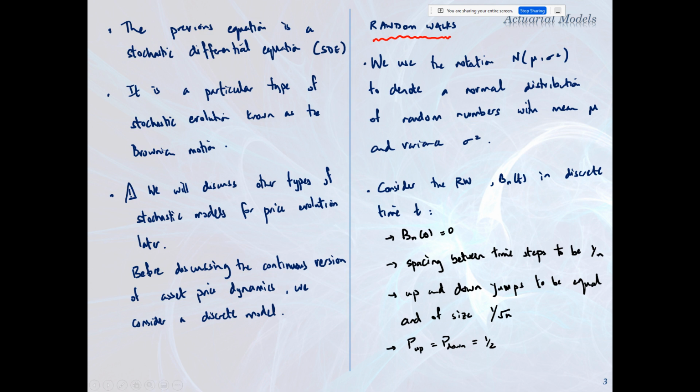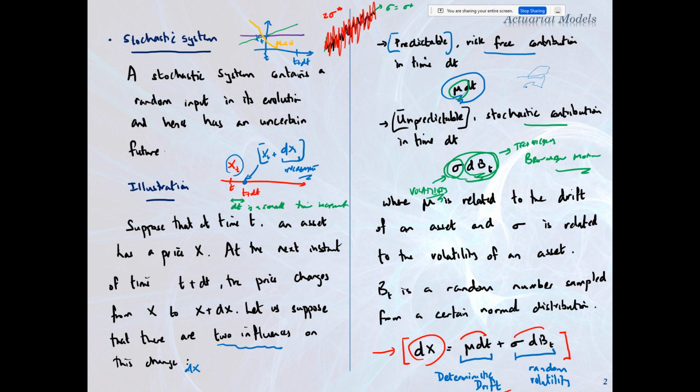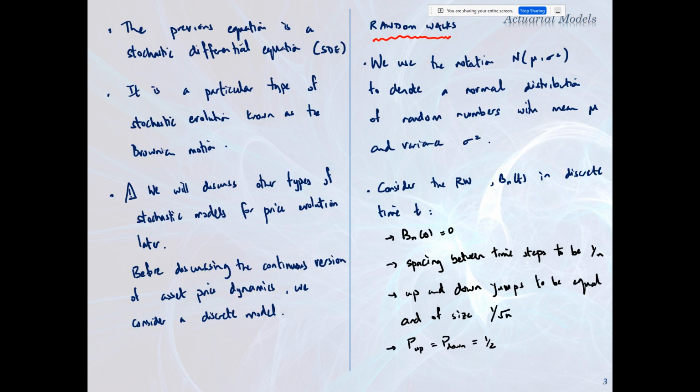Good. So this model that we have seen is given by a stochastic part here, and this plays a very important part in this equation. So it is known as an SDE, stochastic differential equation. It is a particular type of stochastic evolution known as the Brownian motion.